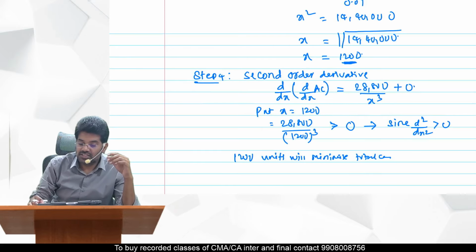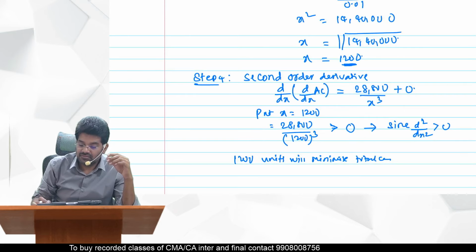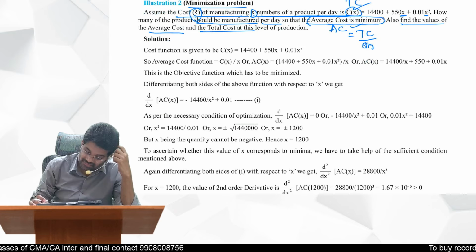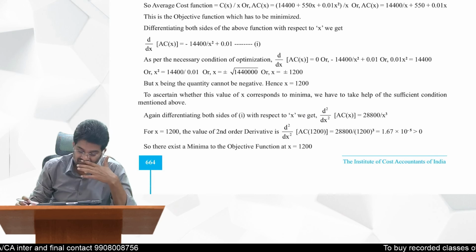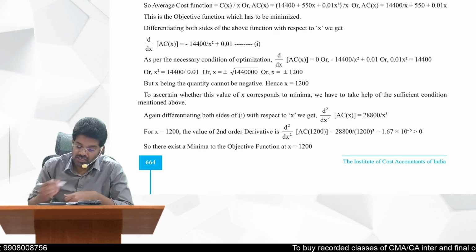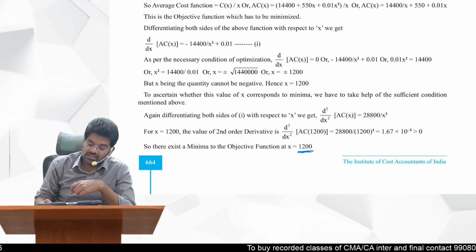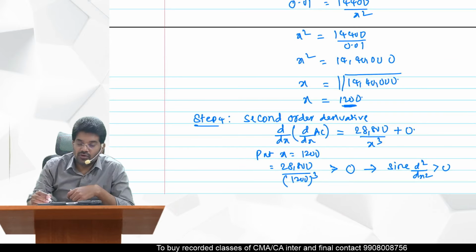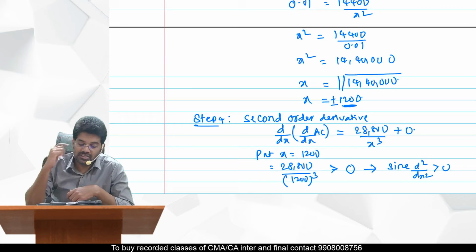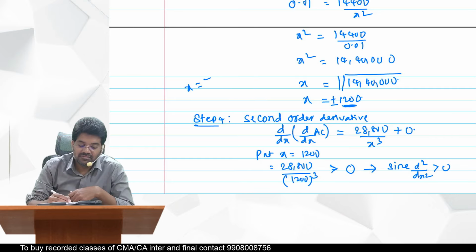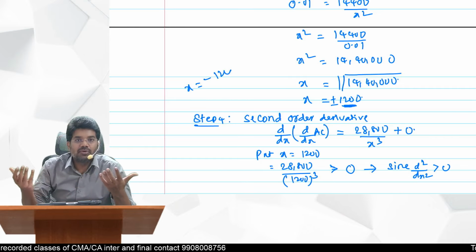So let us check the answer now. We got the minima here, so the answer is 1200 only. Here I took only the positive value. Square root means we get both plus or minus, but quantity cannot be negative, quantity can only be positive.